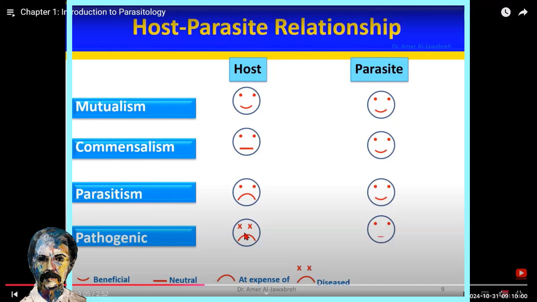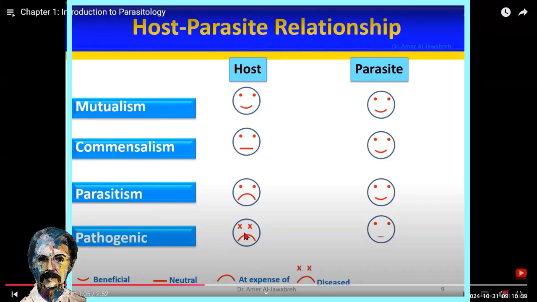So for the host-parasite relationship, we have 4 relationships. First is mutualism, a win-win situation. Second, commensalism, win but not lose. Third, parasitism, win, little bit lose. And finally, pathogenic, a losing situation, destruction. All the time the parasite is smiling, but the problem is with us. So these are the 4: beneficial, neutral, at the expense of you, and destructive. You are eating and some parasites take your food.